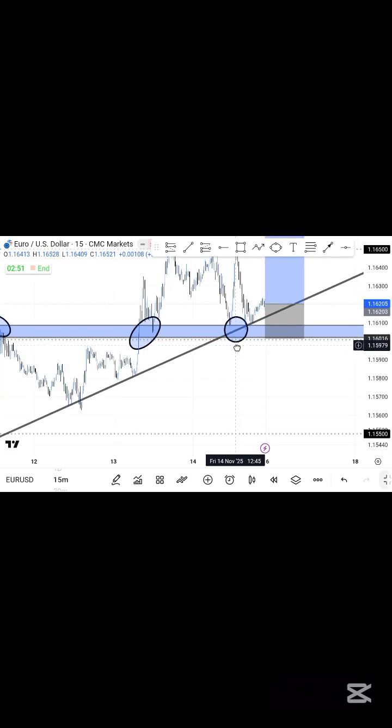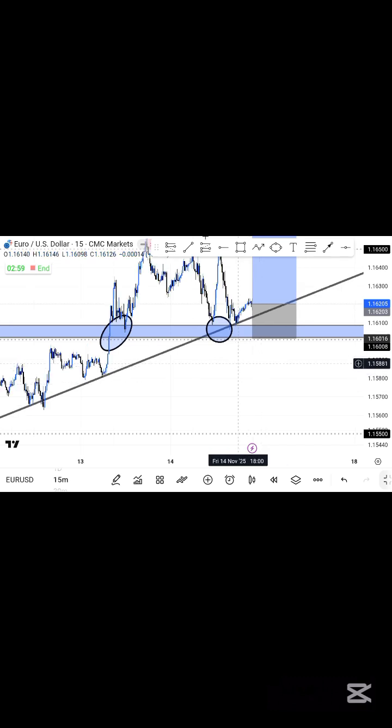So these are the 3 reasons, the major key zones why I am buying for the week, but I won't execute it yet until it is London session, that is 8 a.m. in the morning tomorrow, Monday. So 3 reasons why I am buying on EU. First, price touched our support and retested.